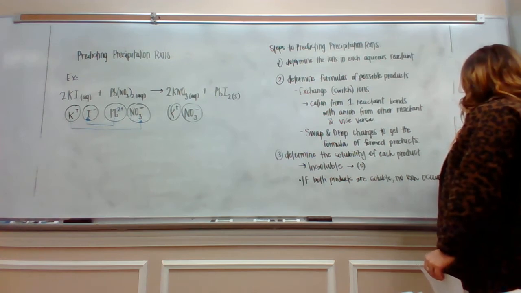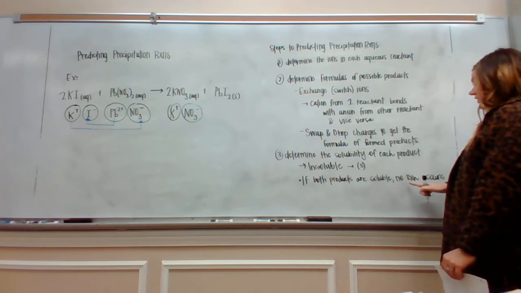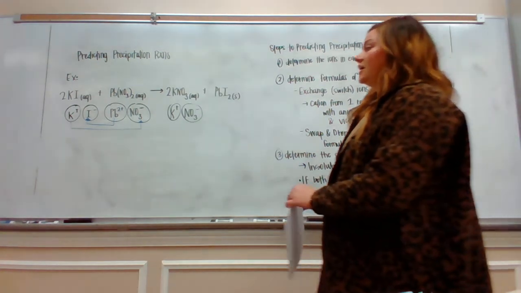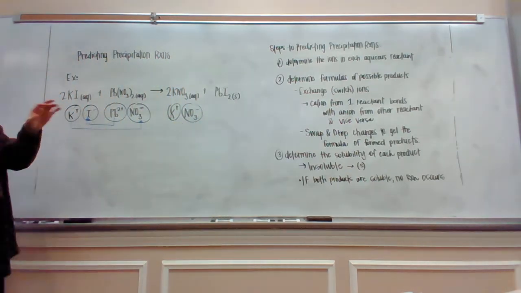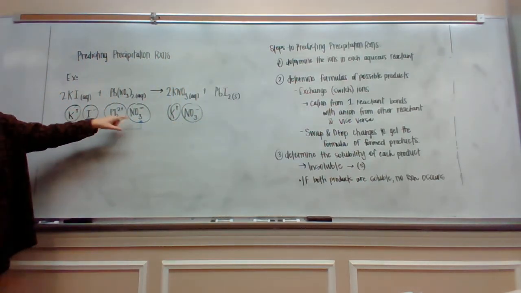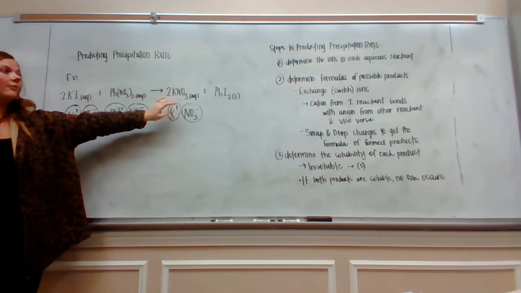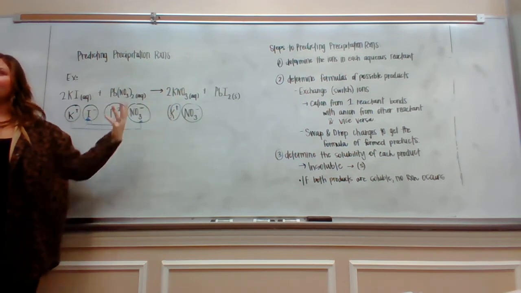If both of your potential products are soluble, then no reaction happens because nothing's changing from one side of the reaction to the other. Like, nothing changed with potassium and nitrate here. I mean, yeah, it looks like they formed this compound, but it's aqueous, so they're really just floating in solution. So nothing's happening.